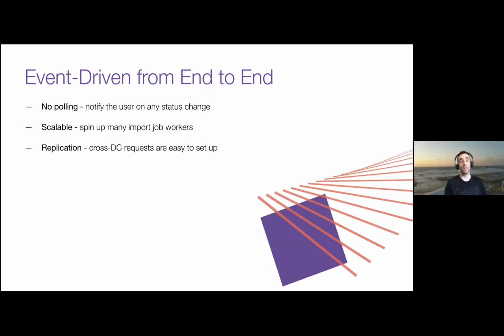We don't need to do any of that because we have a complete event-driven flow, no polling, and we can just bring back notifications when jobs are done. And it's scalable because it's really easy to spin up more import job workers as required, like we talked about earlier. And the replication property of Kafka topics means that it's really easy to have cross-DC requests and cross-DC processing.